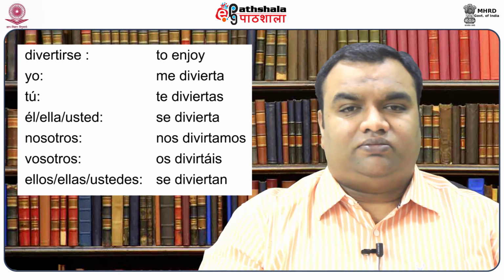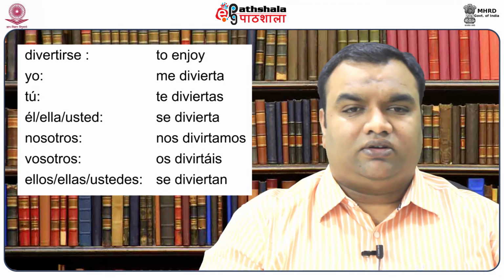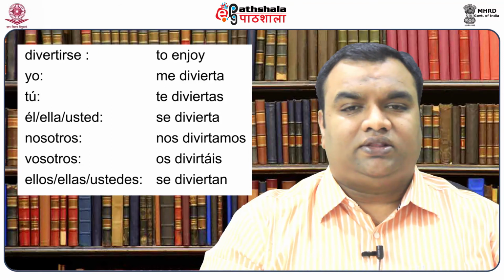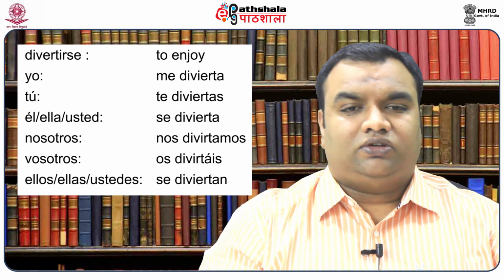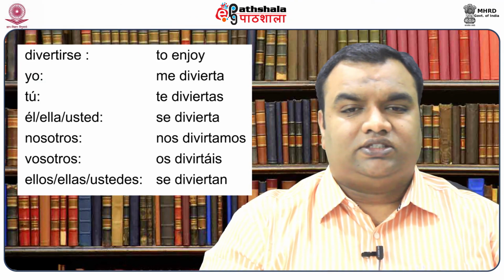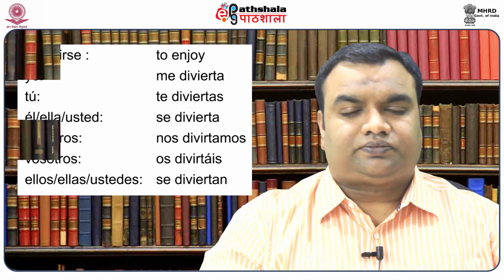The reflexive verb divertirse, which means to enjoy, is conjugated in the following manner. Yo me divierta, tú te diviertas, él, ella, usted se divierta, nosotros nos divirtamos, vosotros os divirtáis, ellos, ellas, ustedes se diviertan.